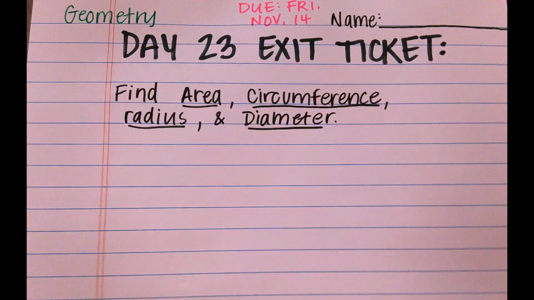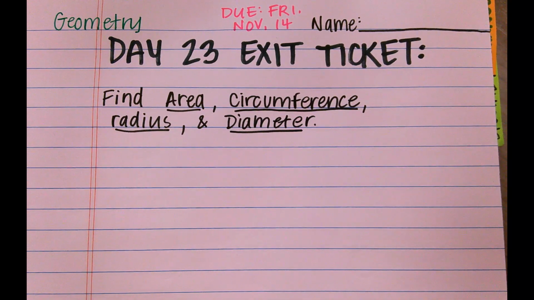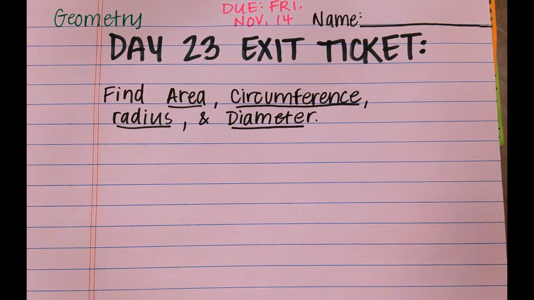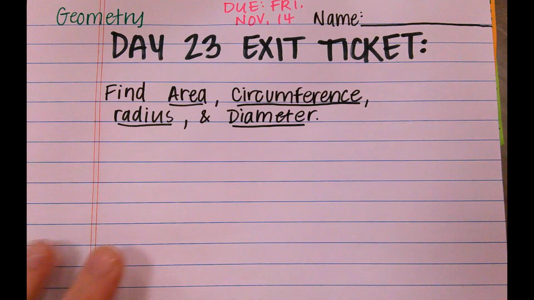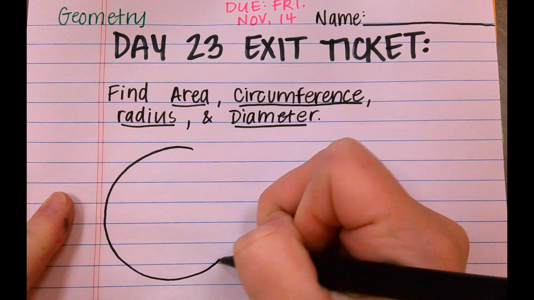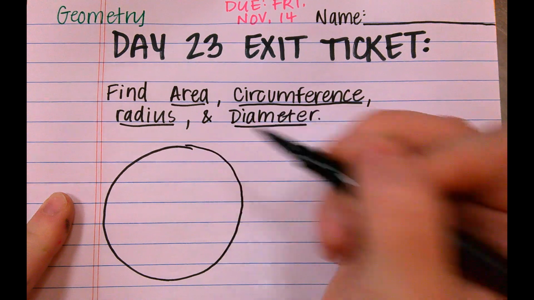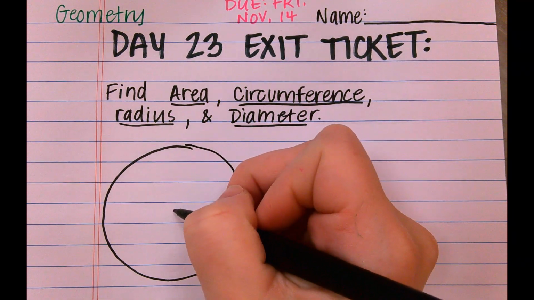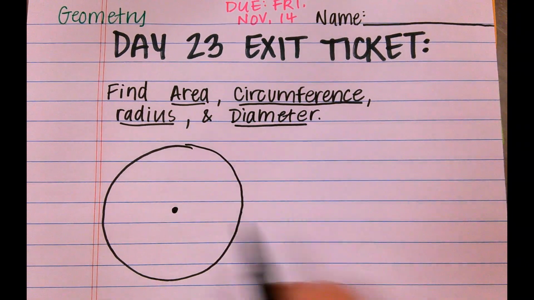So, your directions will be find area, circumference, radius, and diameter. I'm going to draw a rough circle here. And a point in the middle.